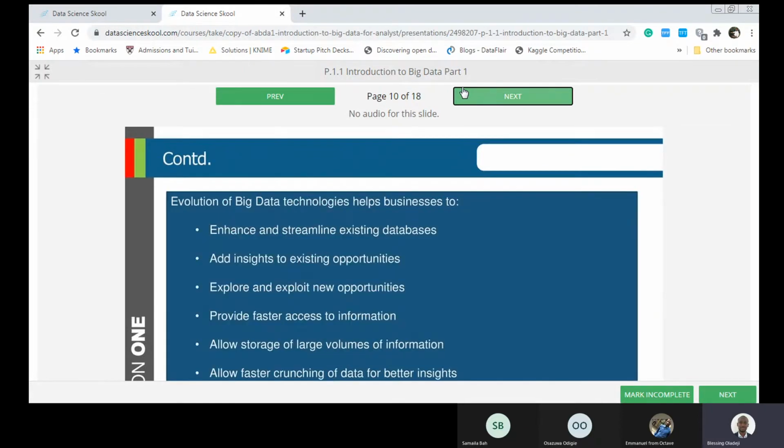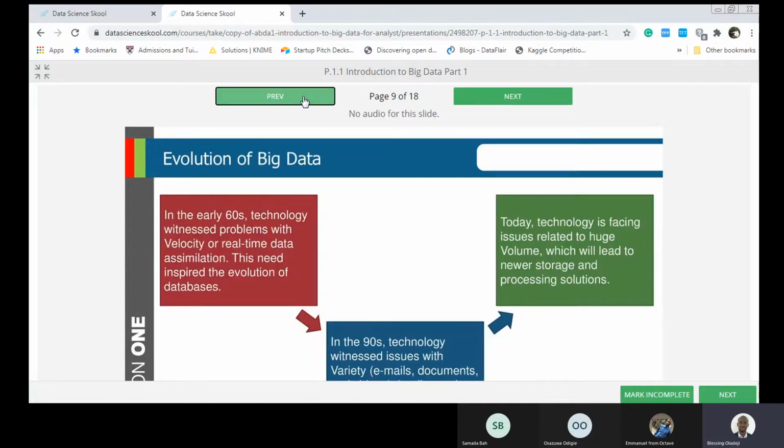And then big data itself has evolved over time, and there were different requirements that led to its evolution. First, they needed a platform that can manage real-time data.